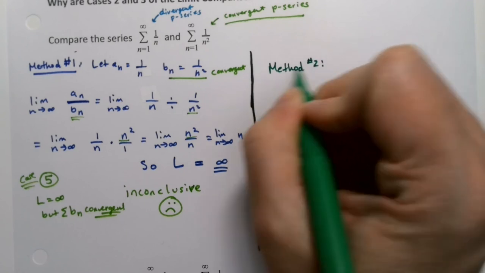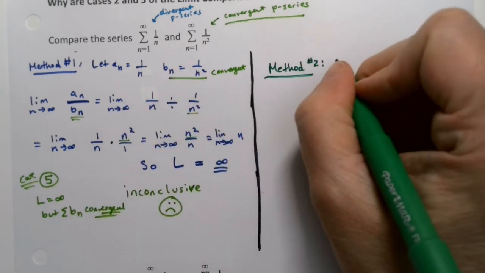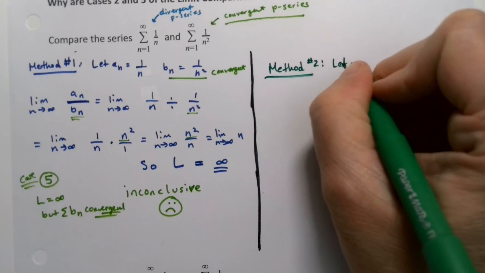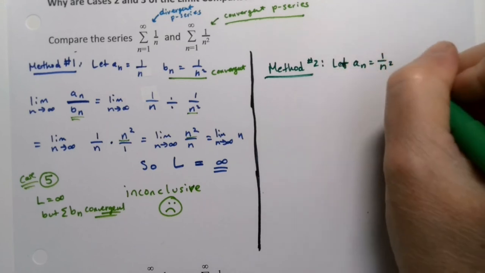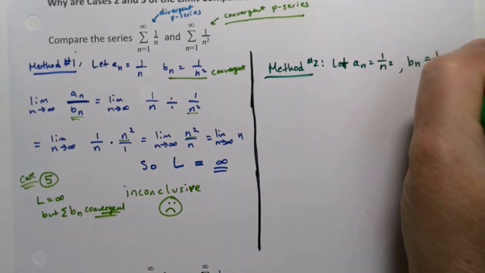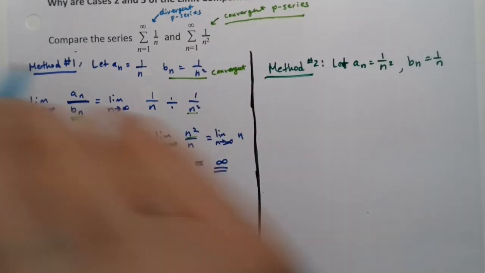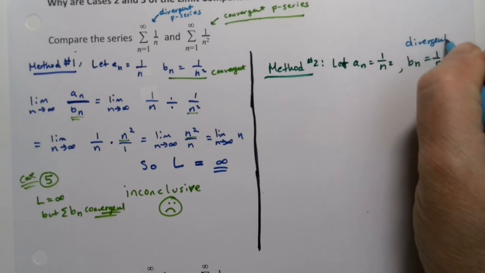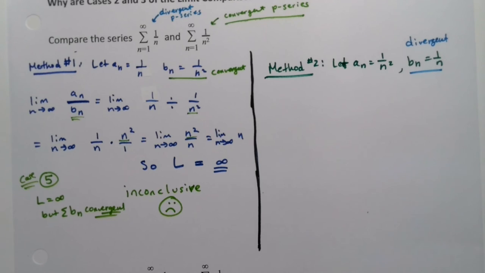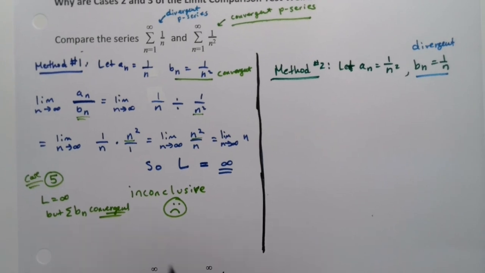So let's try it the other way, since this did not work out. So let's let a sub n be my numerator. Let that be 1 over n squared. And then b sub n is 1 over n. Now notice that's a divergent series. We already know that. That's the harmonic series, so we know it's divergent.